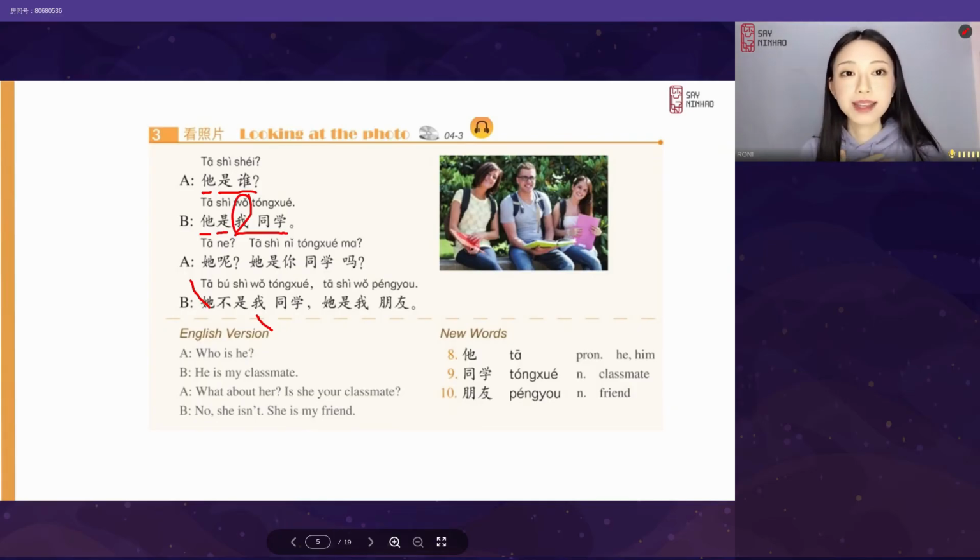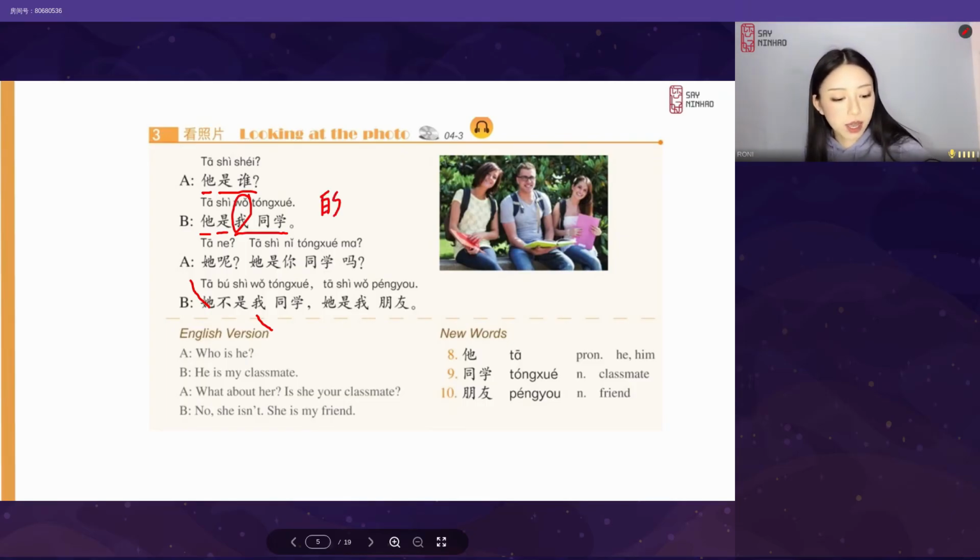And my is 我的. We just learned the is this thing in English, right? So why is there no the here? Please remember this question in your brain because we're going to learn it in the language point part later, okay? There is no the here. We just need to know it is 我同学, my classmate. So he is my classmate.